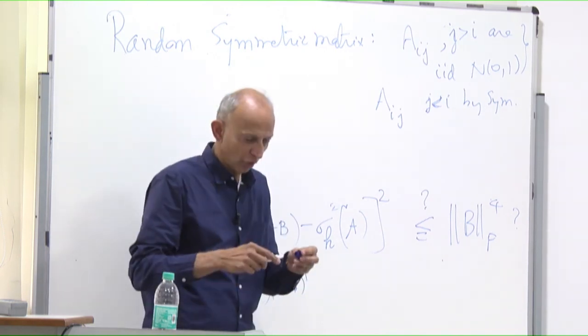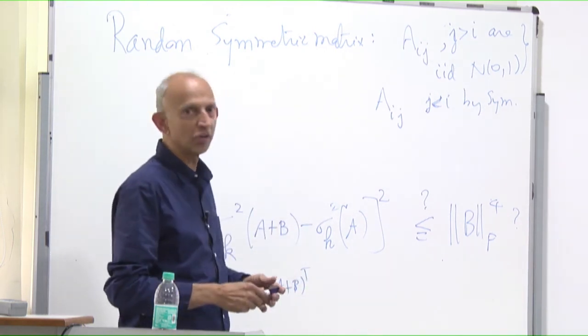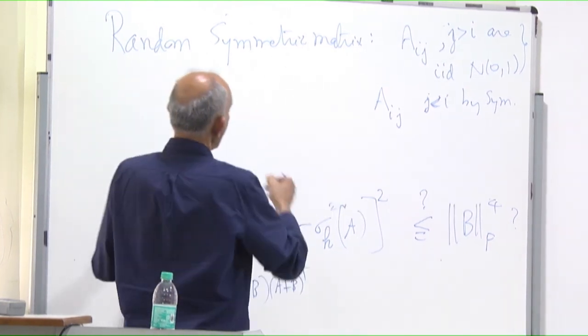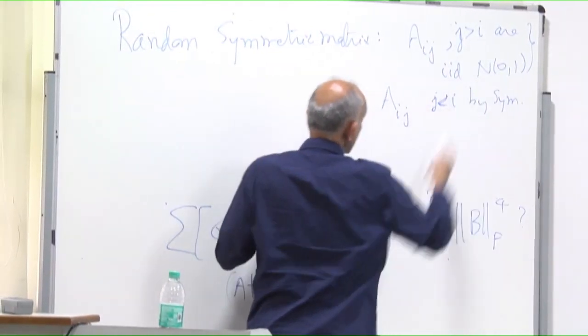Above diagonal entries are independent random variables. I want the matrix to be symmetric, so below diagonal entries better be equal to the corresponding above diagonal entries, right? And the expected value of each entry is 0 and the variance is 1.